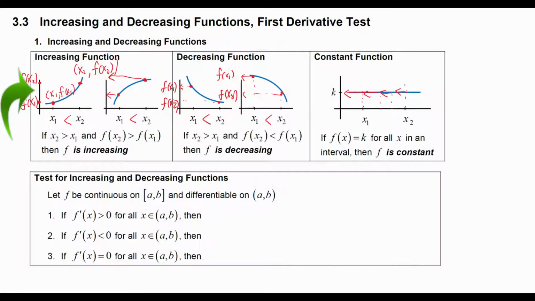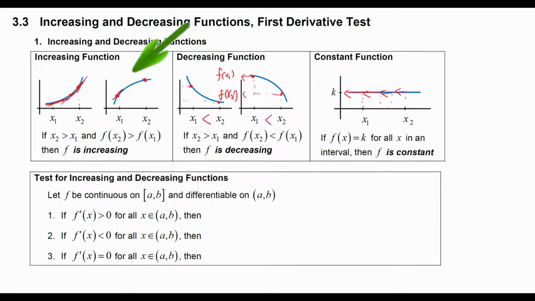Back to the first graph. At x1, the slope of this function is positive. What about at x2? At x2 also. And in fact, at any point when the function is increasing, the slope of the tangent line is always positive. And that's not a coincidence.